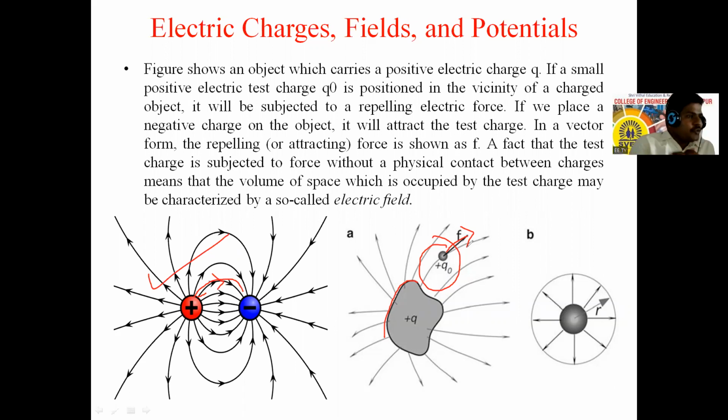Towards the object, so there is a repelling charge, so a repulsion force will be created. It will be subjected to the repelling electric force, right? If the positive test charge Q0 is placed in the vicinity of the charged object having a positive polarity, shown by plus Q, then an electric force will be generated.